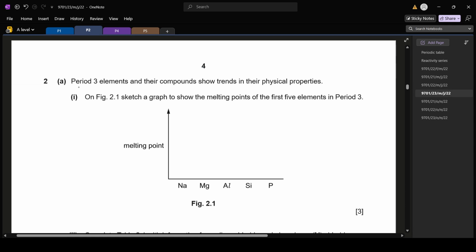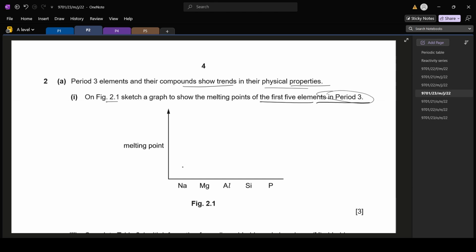Question number 2. Period 3 elements and their compounds show trends in their physical properties. Okay, on figure 2.1, sketch a graph to show the melting points of the first 5 elements in period 3. So the melting point firstly increases, then it decreases.